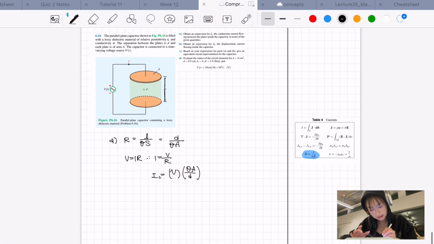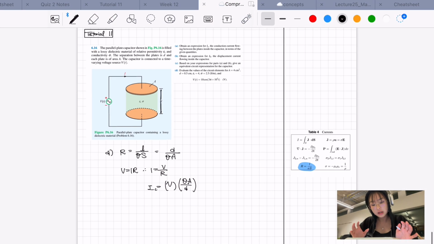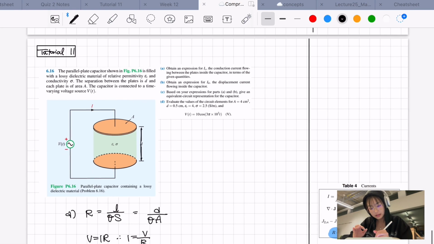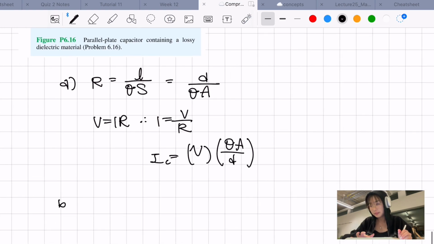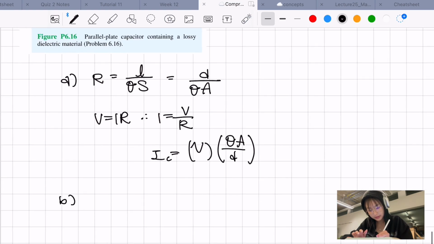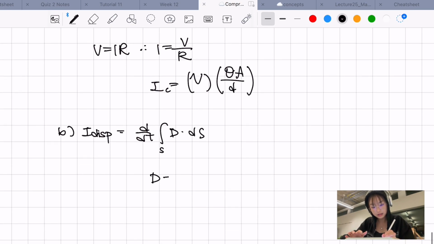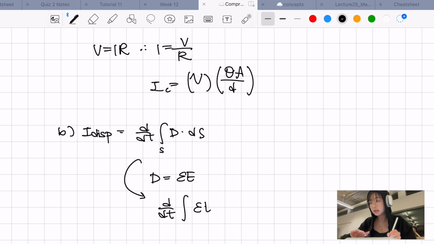It was easy. And B asks us to obtain an expression for I_D, the displacement current flowing inside this capacitor. Displacement current is defined by d/dt of the integral of D dot dS, and because D is equal to epsilon E, this can be rewritten as d/dt of the integral of epsilon E dot dS.